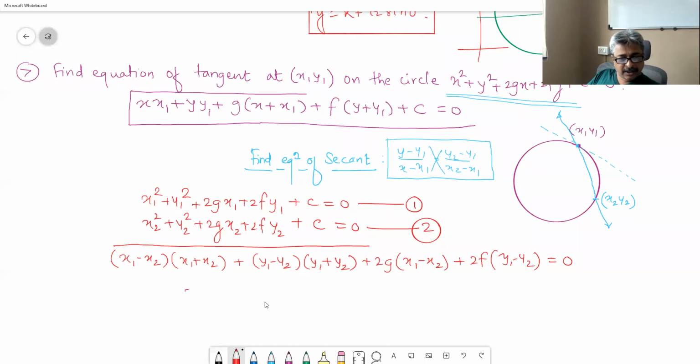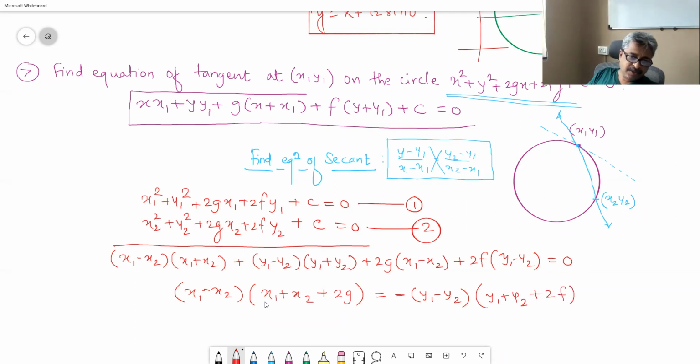Now let us collect all (x1 minus x2) in one place: (x1 minus x2) times (x1 plus x2 plus 2g), correct? And let us throw (y1 minus y2) on the other side: (y1 minus y2) times (y1 plus y2 plus 2f).